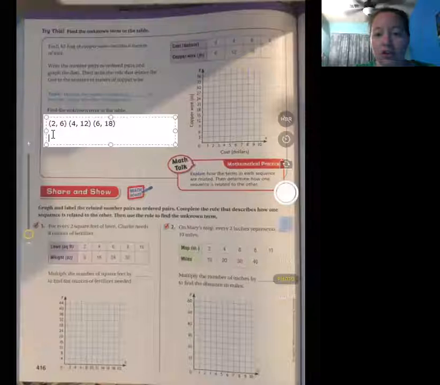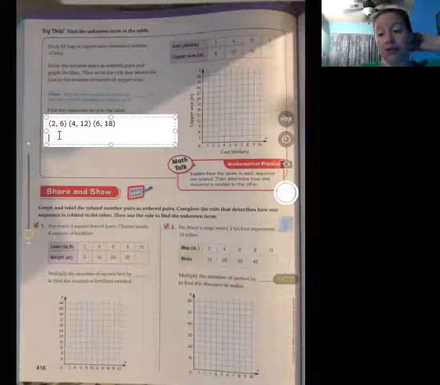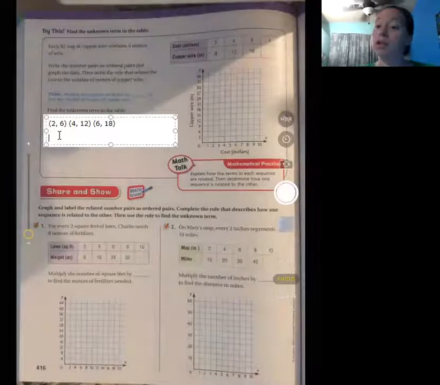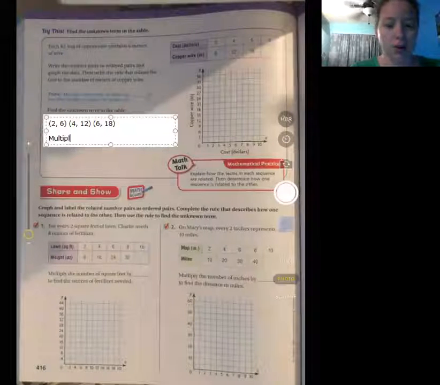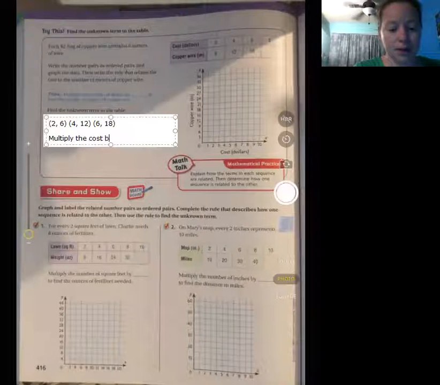So we need to ask ourselves, what did we do to the 2 to make it a 6? Did we multiply or divide? We multiplied by 3. So multiply the cost by 3.